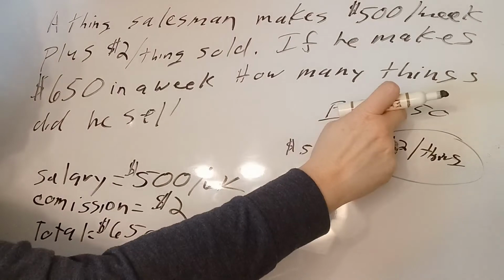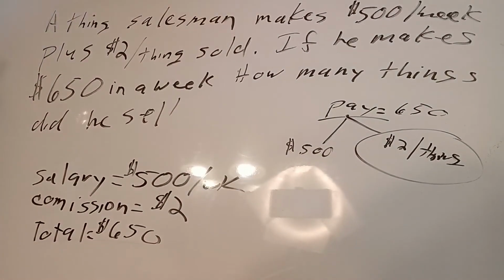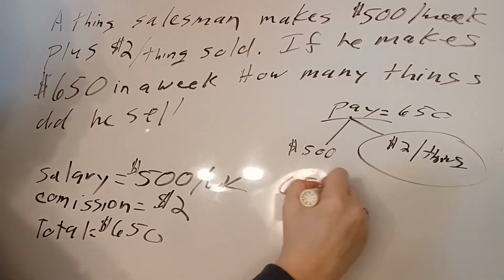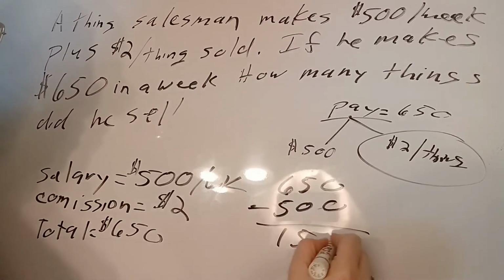Because there'll be 500 of the 650 that is the salary. So 650 minus 500 is 150.